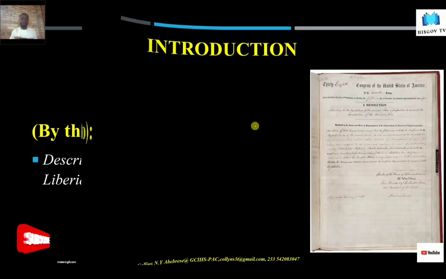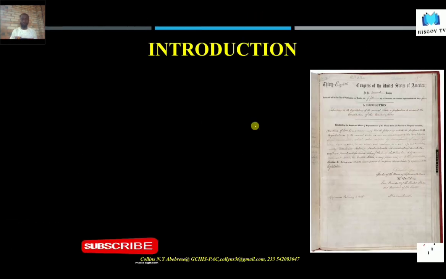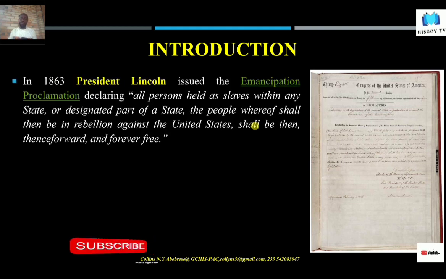Let's look at the introduction. Earlier, I said that the Liberian state is linked to the abolition of slavery in the USA, and that explains why I want us to look at the history behind the Liberian state.